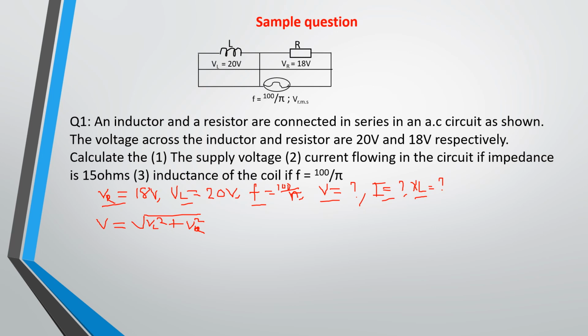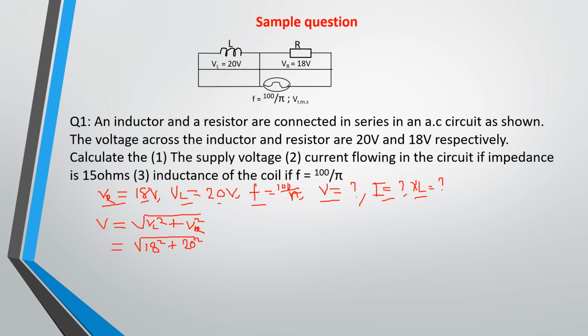So all you have to do is substitute these values into this equation to get the supply voltage. Alright, so if I substitute that, I'm going to have the square root of 18 squared plus 20 squared.